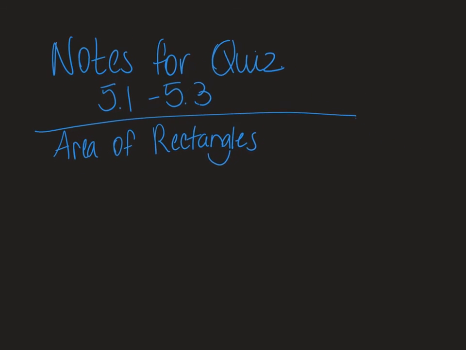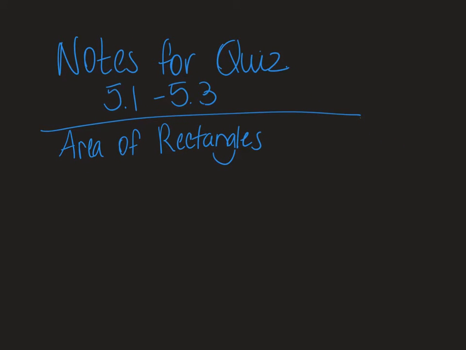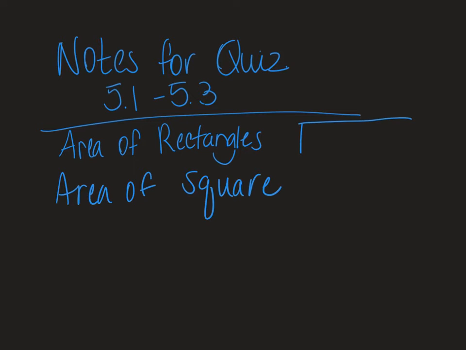Area of rectangles. Area of square. Okay, remember your formula for a rectangle is area equals what? Length times width, or LW, same thing. Area of a square is what? Area equals, remember all four sides are equal.